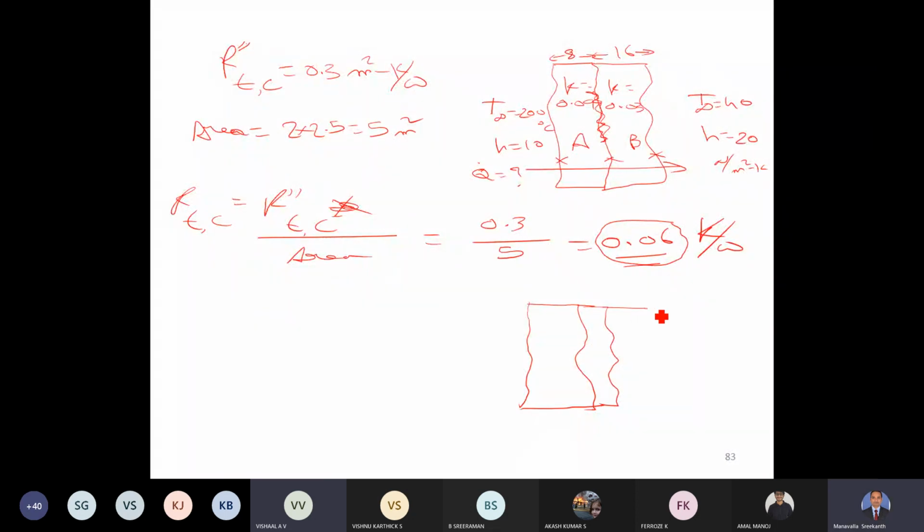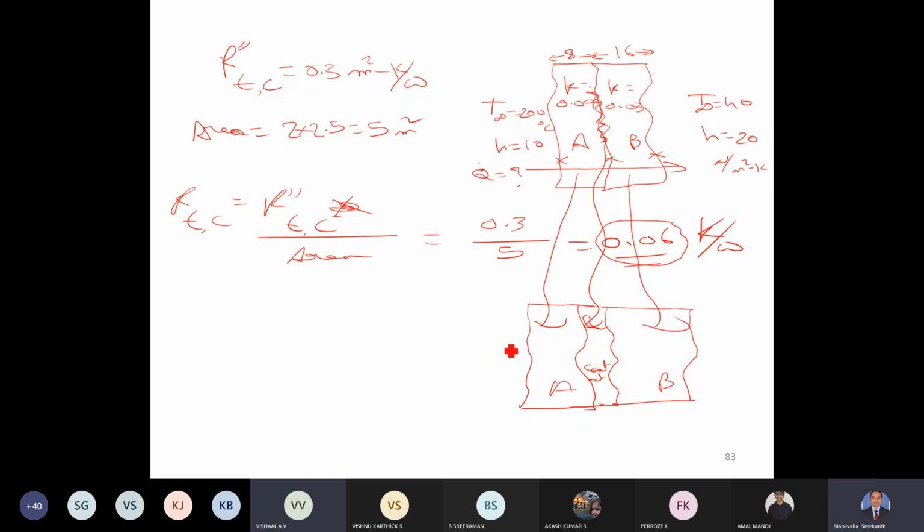And then there is slab B. This is A, this is B, and this is the contact, shown as the intermediate slab in between slabs A and B.